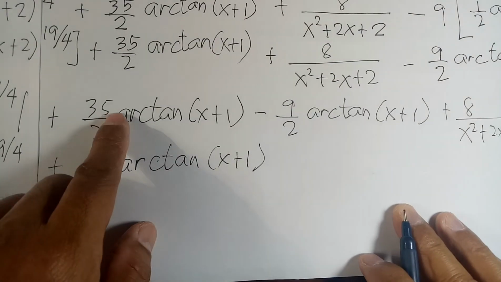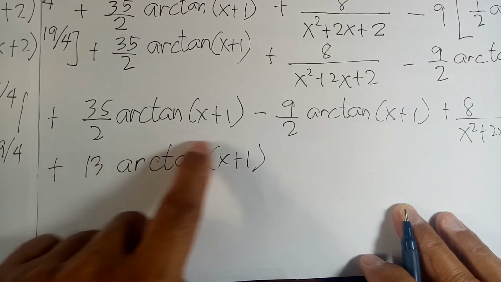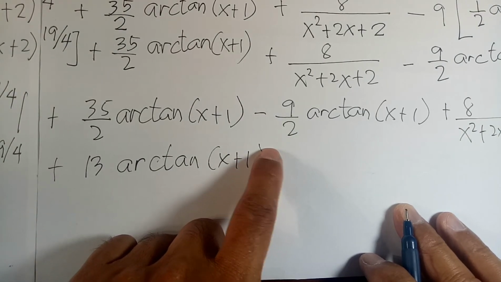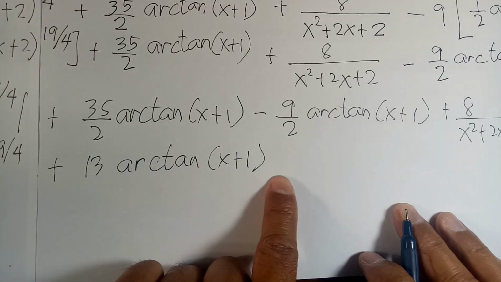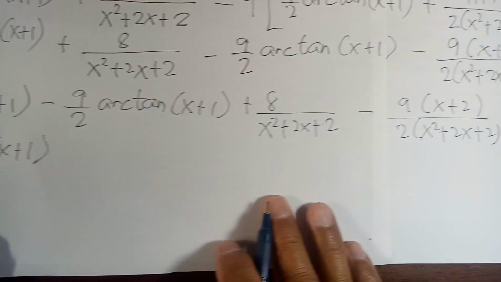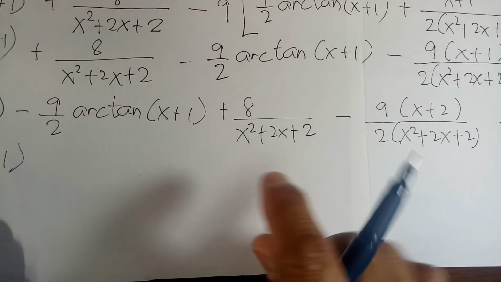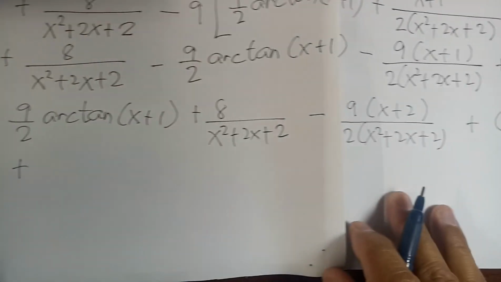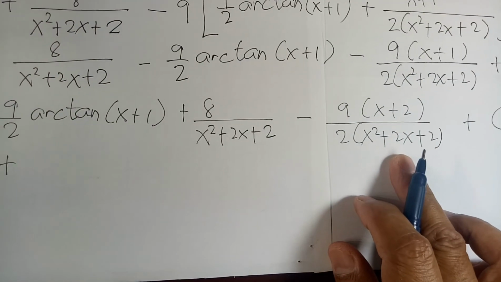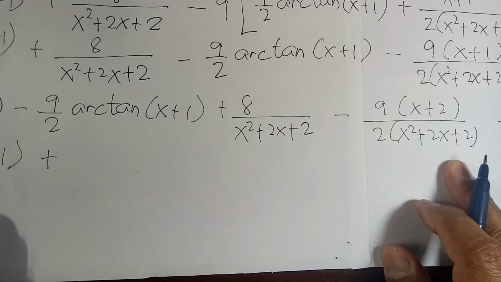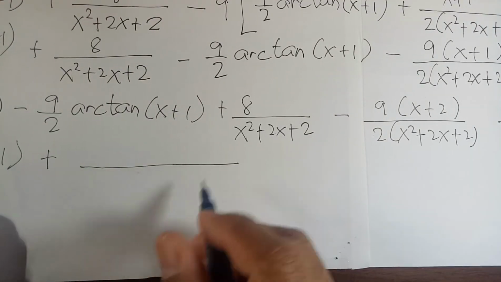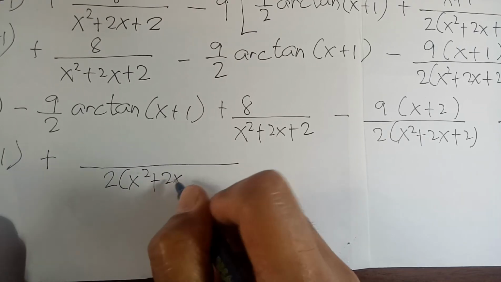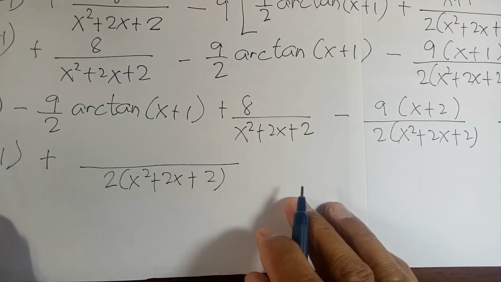So, I repeated myself, these two: 35/2 minus 9/2 is 26/2, which is 13 arctangent of x plus 1. Okay, so plus. Here we get the LCD, which is 2 times x squared plus 2x plus 2.